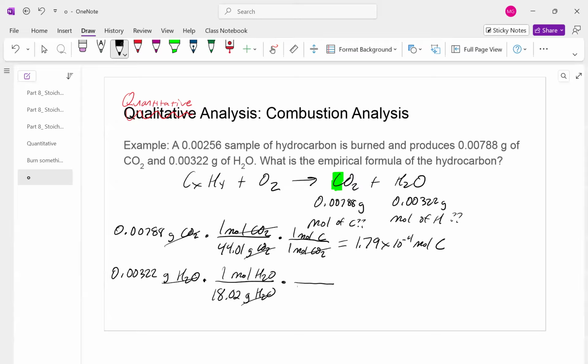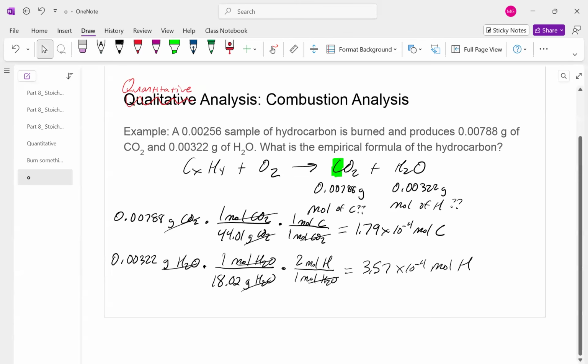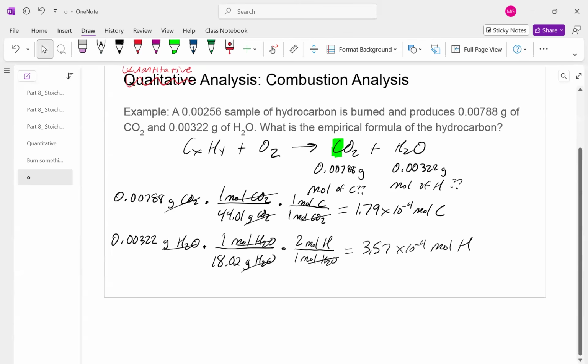So I know that 1 mole of water, according to the molecular formula, has 2 moles of hydrogen. Okay. Now, these are not my subscripts here in the original hydrocarbon.